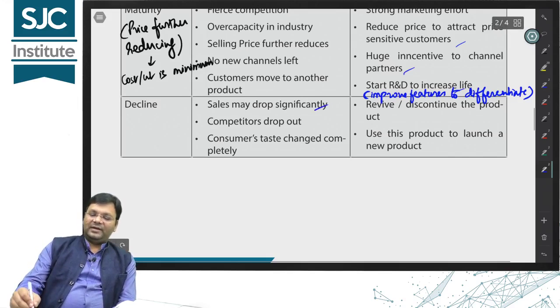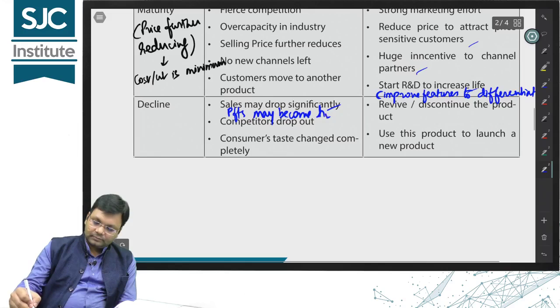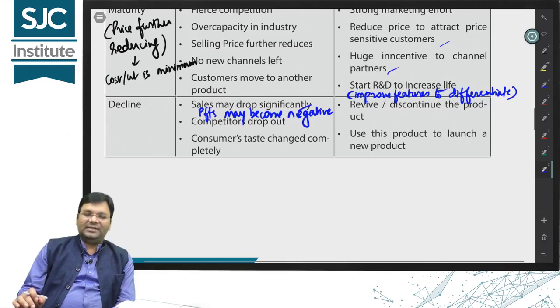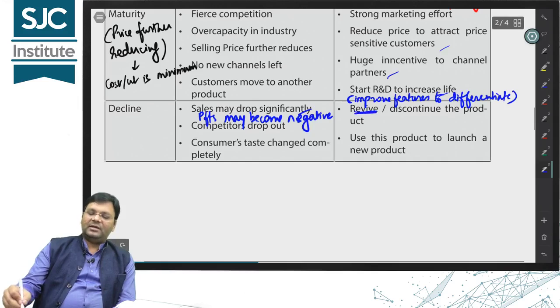Sales may drop significantly, profits may become negative, competitors start dropping out, and consumers' taste has changed completely, so they are not at all looking at this product. In the decline stage, we start reviving or discontinue the product.